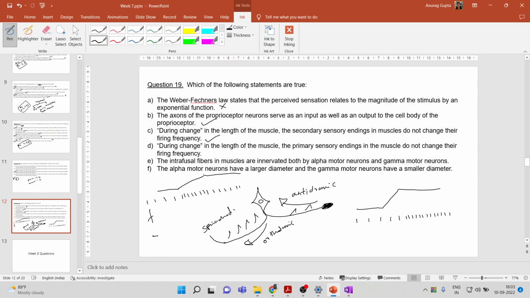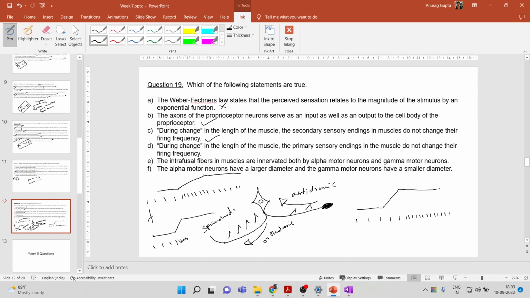Now let us consider another case where the change in the velocity of the length is fast. Again, we have an action potential here due to the primary sensory ending. Then we have a rapid action potential here, which is higher compared to this, because we know that primary sensory endings also sense the velocity of shortening.